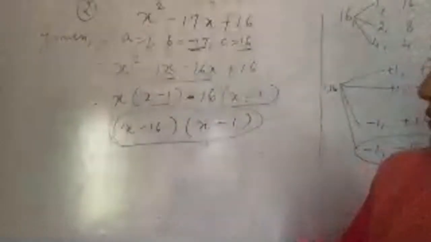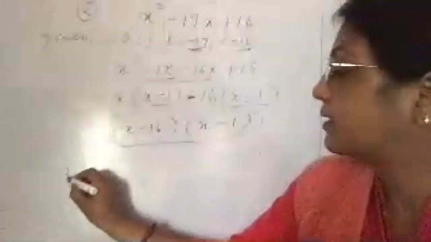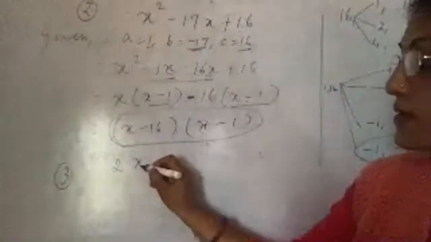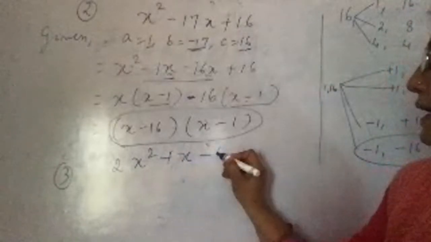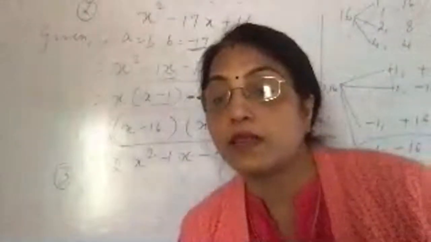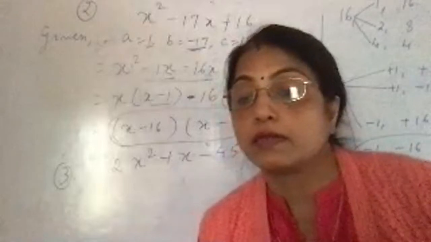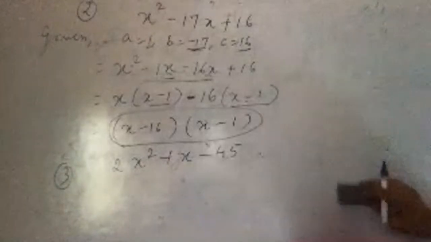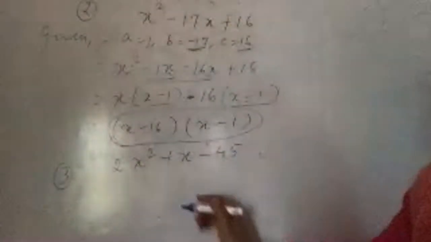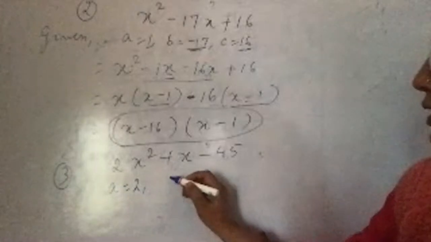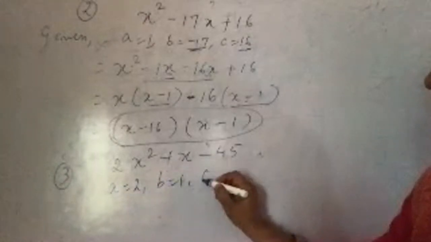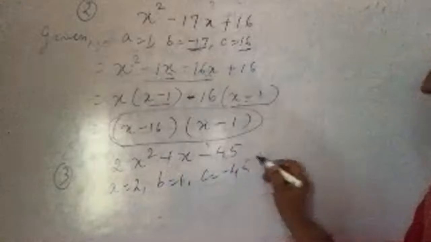So one question I am giving you for yourself. One is the last question. 2x square plus x minus 45. This question you tell me. A is 2, B is 1, C is minus 45.